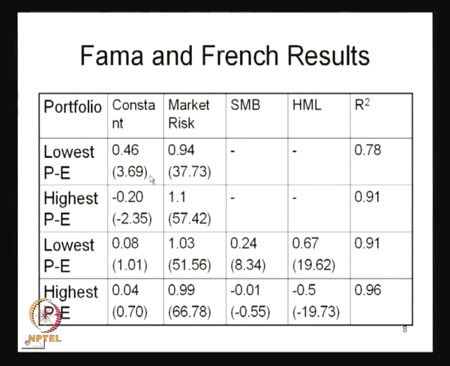So, the results vary on the basis of the sample which Fama and French were trying to explain, but after all they have discovered that the market risk, size of the company and growth opportunity, or we can say the nature of the company, will have an impact on the stock return.